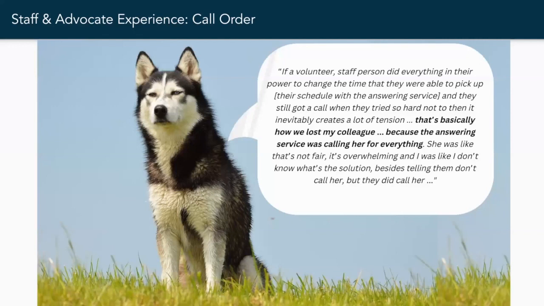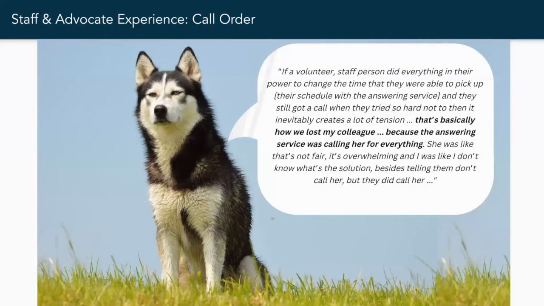And that kind of call order disruption can have an impact on that. And as you see in the quote, one agency shared that a volunteer or staff person may have done everything in their power to change the time they were able to pick up. And when they still got a call when they tried so hard not to, then it inevitably can create a lot of tension.